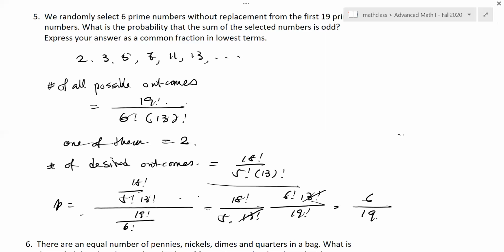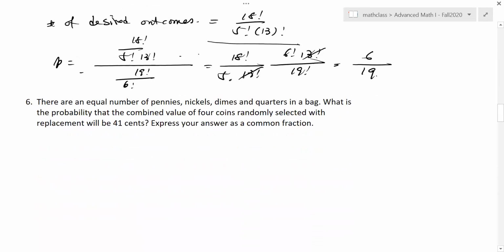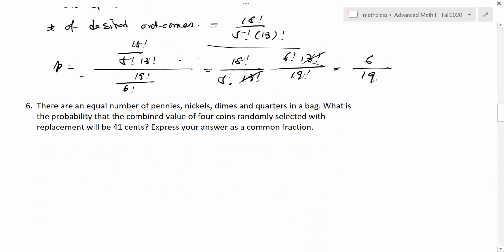If you have 7 red marbles and 10 green marbles, and you want to take 6 marbles out, what is the probability that 3 of them are red and 3 of them are green? This is the same type of problem, right? So maybe we will do this a little bit later, maybe next class.